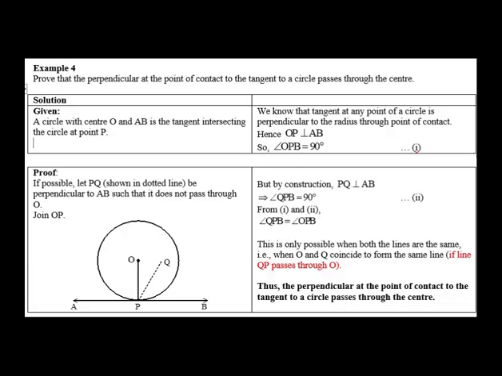Therefore, angle QPB is equal to angle OPB is equal to 90 degree. This is possible only when both the lines are the same, that is, when the points O and Q coincide to form the same line. Thus, the perpendicular at the point of contact to the tangent to a circle passes through the center.